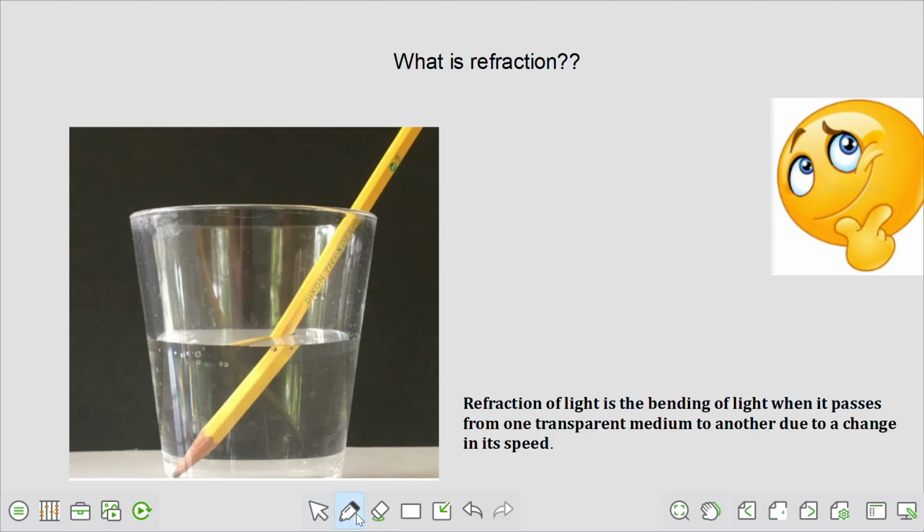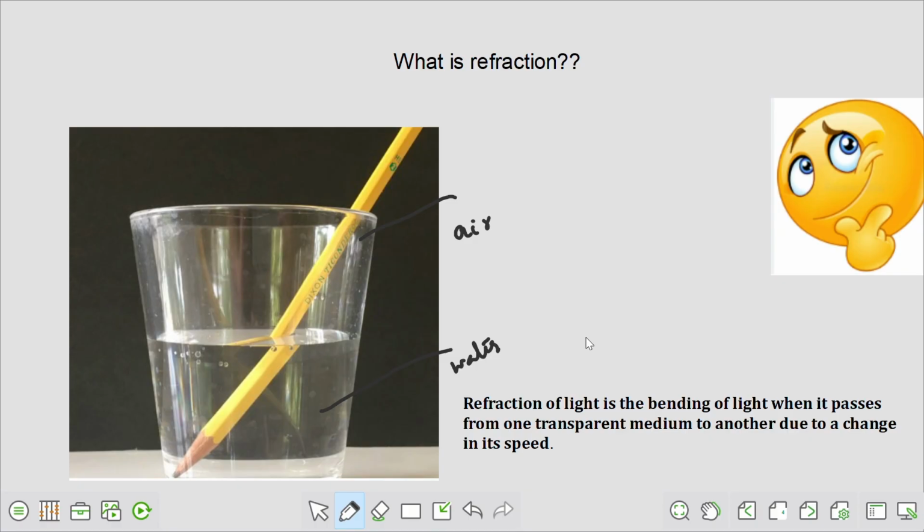Did you notice any change in the pencil when it is inside the water and outside the water? Can you tell me what are the two mediums involved in this case? Exactly, air and water. These are the two mediums involved.